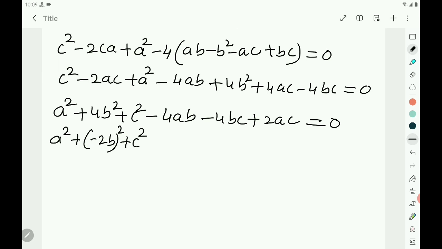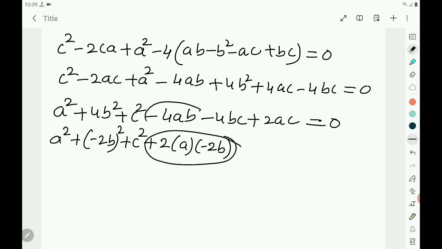That is the concept that you have learnt in 9th standard. Then write plus 2 into a into minus 2b.